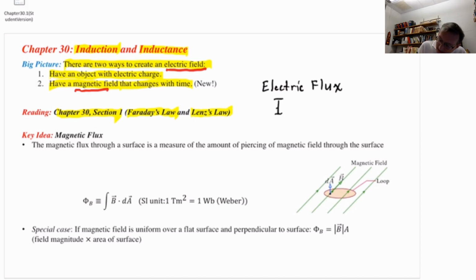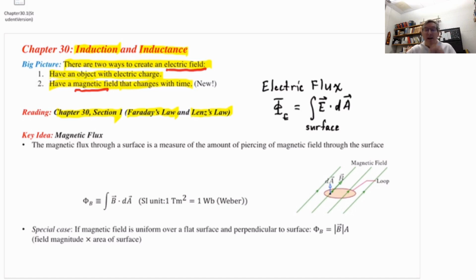We calculated that, phi sub E, by doing what's called a surface integral. E dot dA over the chosen surface. Electric flux, piercing of a surface by electric field. Well, what's good enough for electric field is good enough for magnetic field.